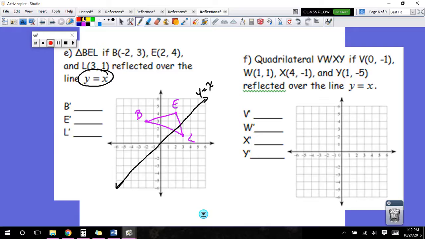So if I'm starting at B, I'm going to count diagonally to my line. So I got 2.5 boxes diagonally to get to my line. Then I've got, here's my half, 1.5, 2.5. And there's my new point B prime.